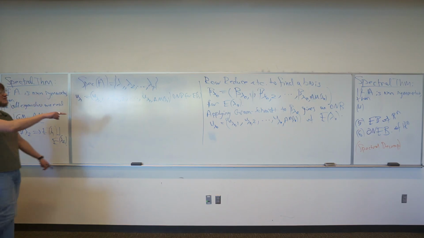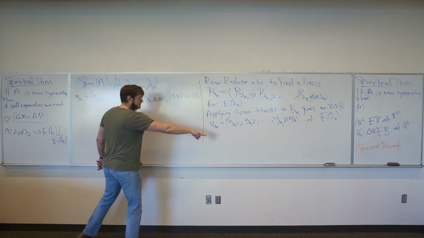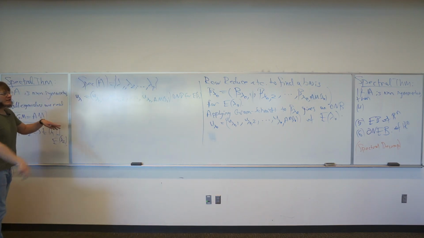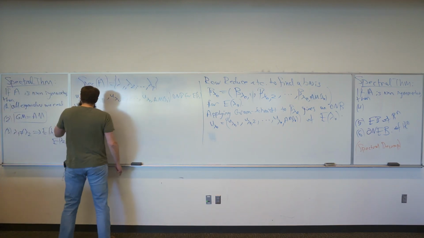Then I look at the eigenspace associated to lambda 2, do all this stuff again, and get another ONB for the eigenspace associated to lambda 2.